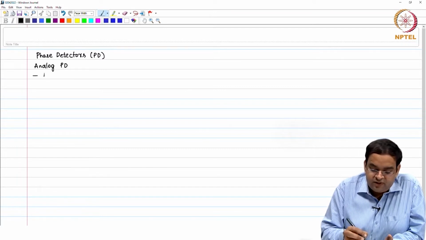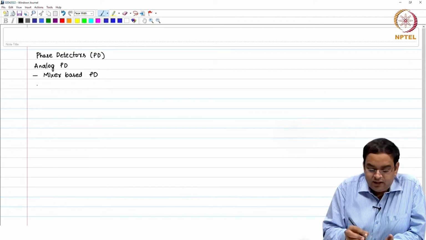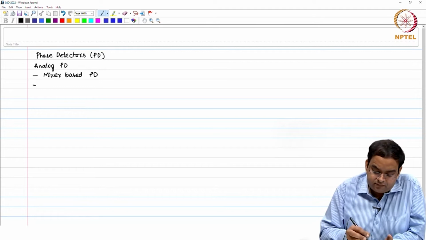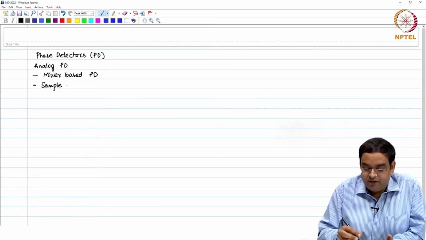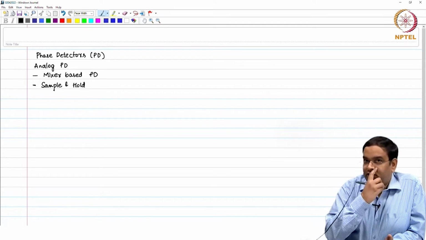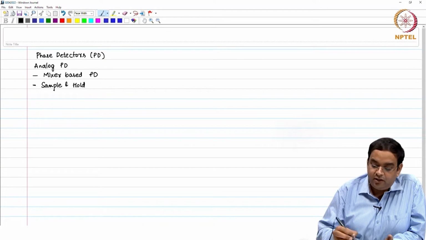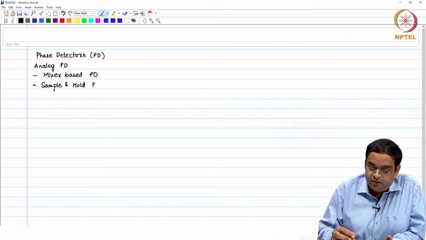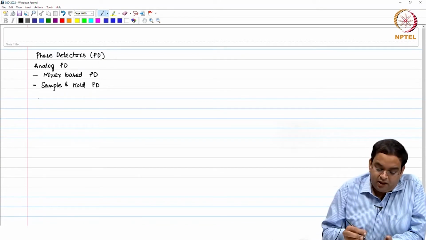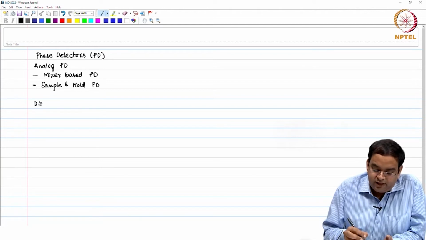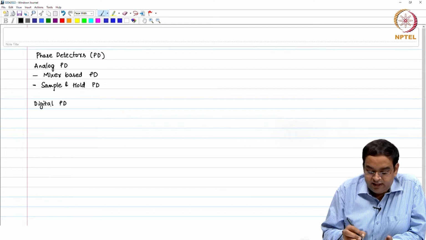The first one was the mixer or multiplier based PD, and the other one was the sample and hold PD. One of the things we found in these cases is that the mixer output was non-linear.